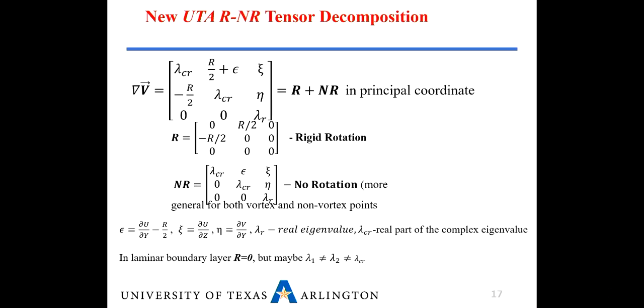If you have a vortex, you have rotation. If you don't have a vortex, it's zero, nothing changed. The rotation part is only for vortex points. The decomposition has many different ways. So we have the triple decomposition, and this is rotated and non-rotated.